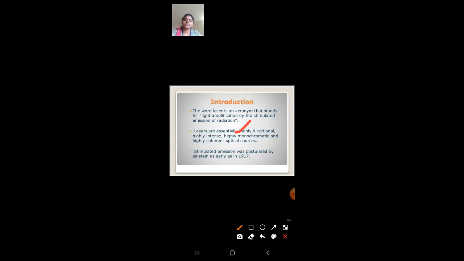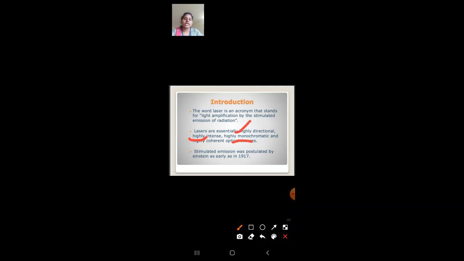The second one is highly intense. Highly intense means the energy passing per unit time through a unit normal area. In lasers, light is constrained in a small region of space with small wavelengths but with a greater intensity. Small wavelength but greater intensity, that is highly intense.